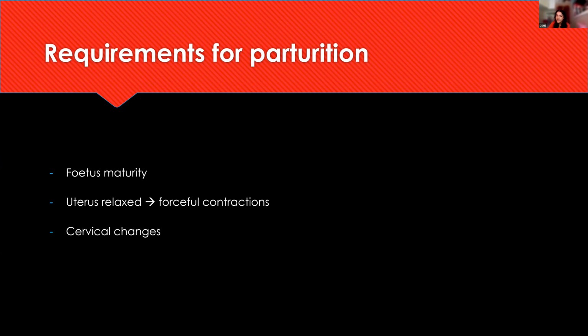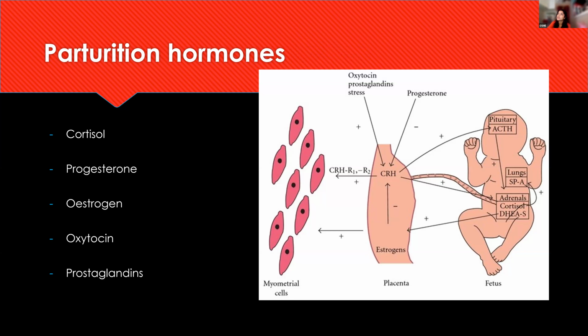And finally, cervical changes. The cervix has to become very loose and able to push out a whole baby, and this is mediated by prostaglandins again. So let's talk about the hormones in turn.